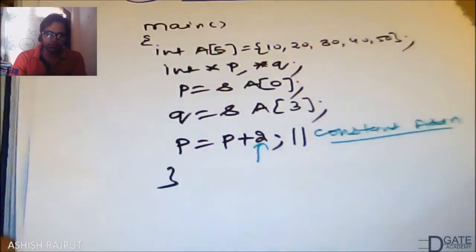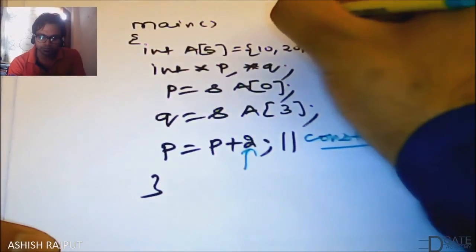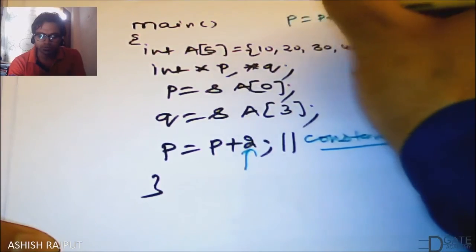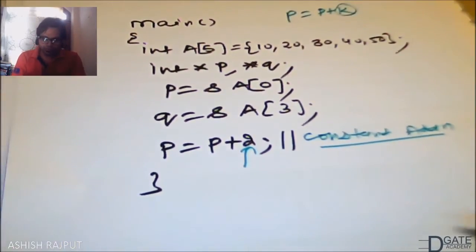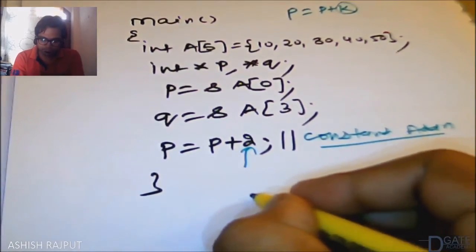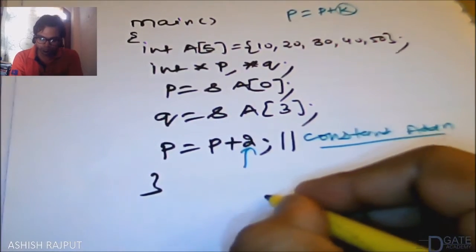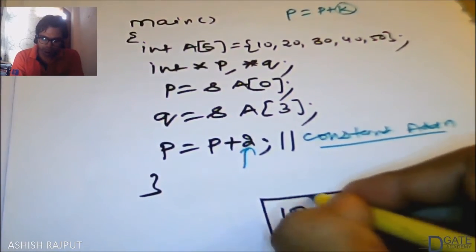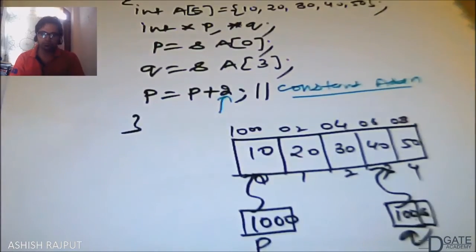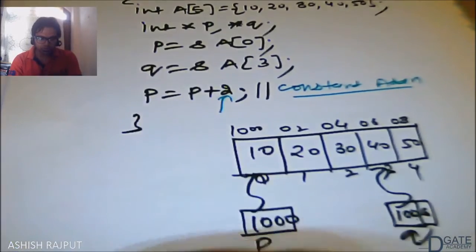The format of constant addition is P = P + K, where K is any integer. So what do we mean by constant addition?